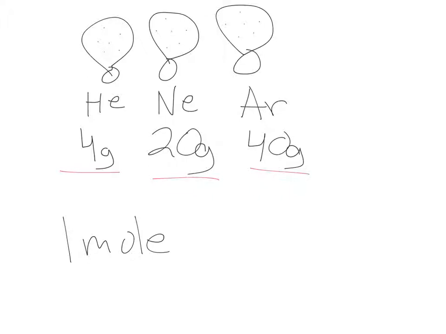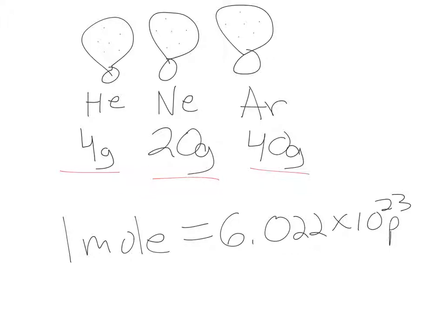40 grams. The number of particles? Well, the number of particles in a mole is this. 6.022 times 10 to the 23rd particles. I'm going to put a little dot there because I ran out of space. So a mole is a very, very large amount of particles.